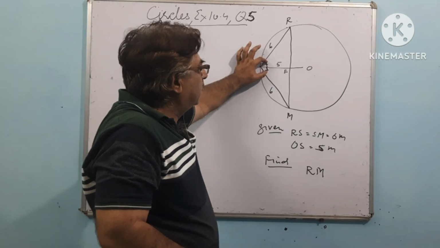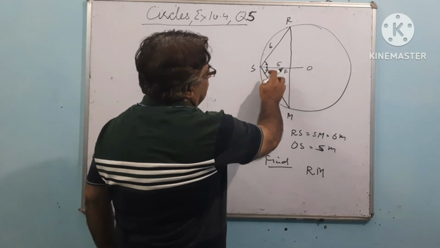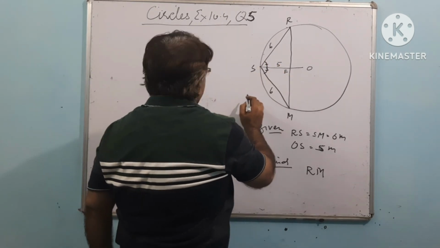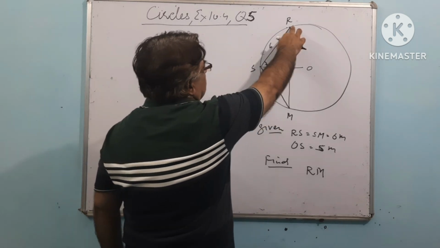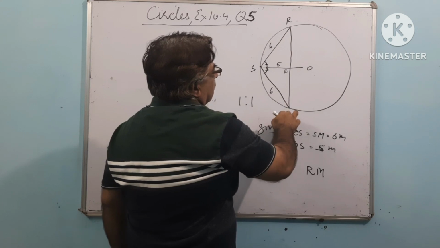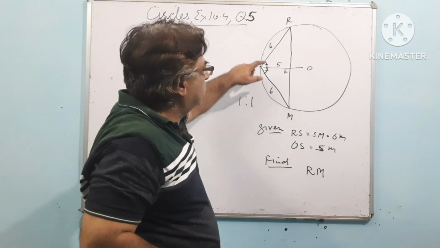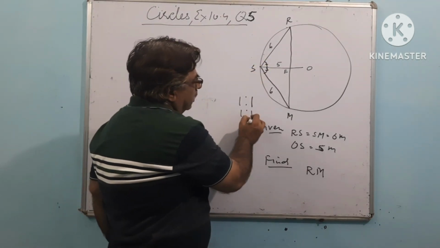Now, if these two angles are equal, that is, they have ratio 1:1, then the third side will have the same ratio as the ratio of these angles. That is 1:1.